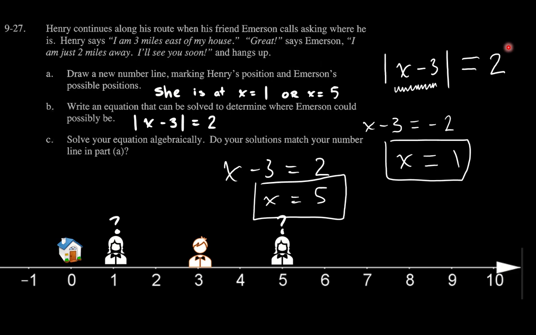So that's what I got to say about this one. Let's move on to our next question. Now I know what you're thinking. You're thinking, "Hey, I don't know anyone in the world that does this, right?" It's just like, dude, I'll just drop my location in this text message right here, my GPS will pick it up, and you can look on your map and see where I am, right? There's no thinking about this. The only reason we're doing this is I want you to know the mechanics of this notation called absolute value.